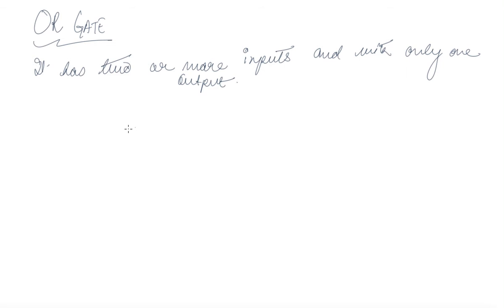The logical symbol for the OR gate is like this. If A and B are your inputs, then the output will be Y. So this is your output.